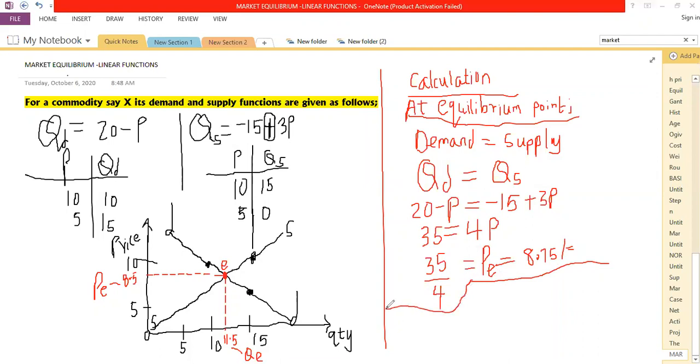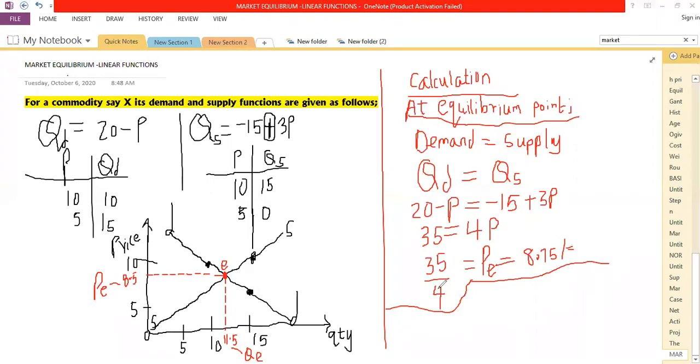Then the question is, now that you have found the equilibrium price, how do we determine the equilibrium quantity? Class, attention on this. Once you have found one of the variables, the price for example in our case, you will substitute the figure found in either, and I repeat, in either the demand function or the supply function to be able to come up with the equilibrium quantity.